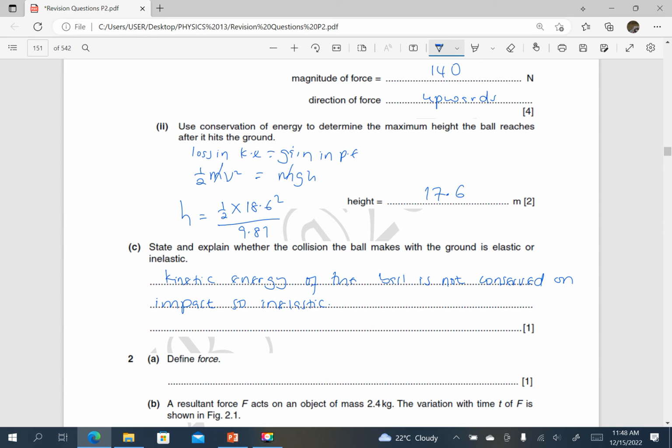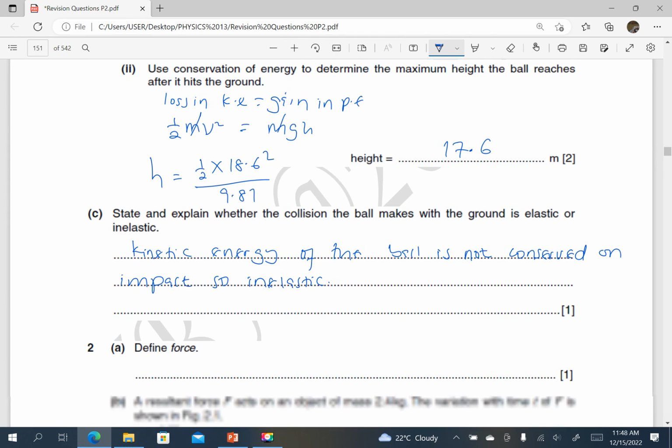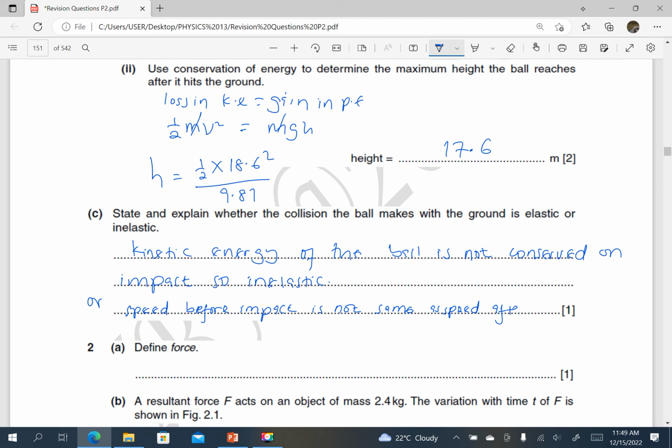Alternatively, you can look at the speed before impact and the speed after impact. They are not the same. So the speed before impact is not the same as the speed after impact.